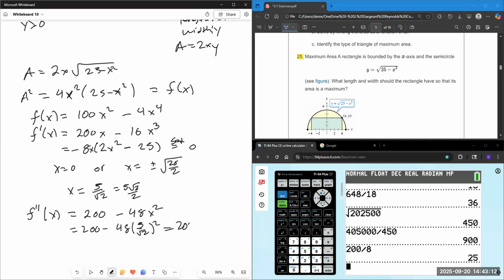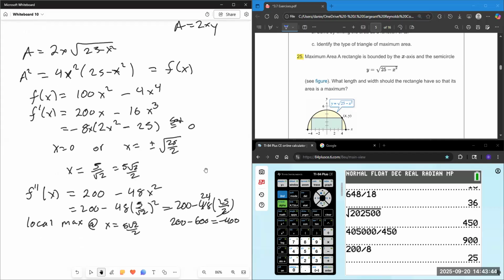It's 200 minus 48 times 25 over 2. 2 goes into 48 24 times, and 24 times 25 is 600. So this is 200 minus 600, which is a negative 400. So we have a local max at x equals 5 root 2 over 2.